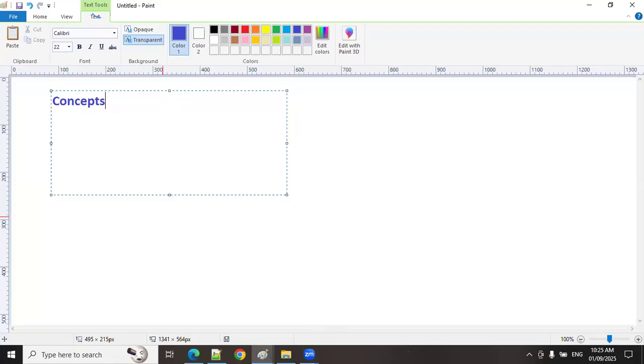Okay, so concepts. Can anybody tell me what the concepts available in the IT industry are? AI, RDBMS, IoT, big data, Java, Power BI, RPA, Tosca.